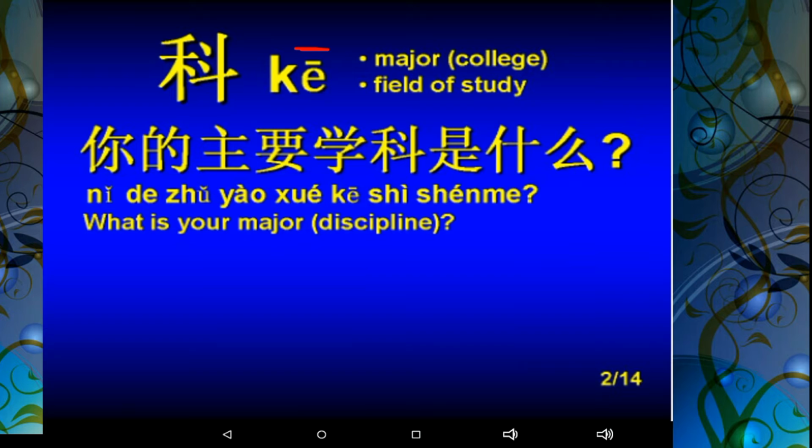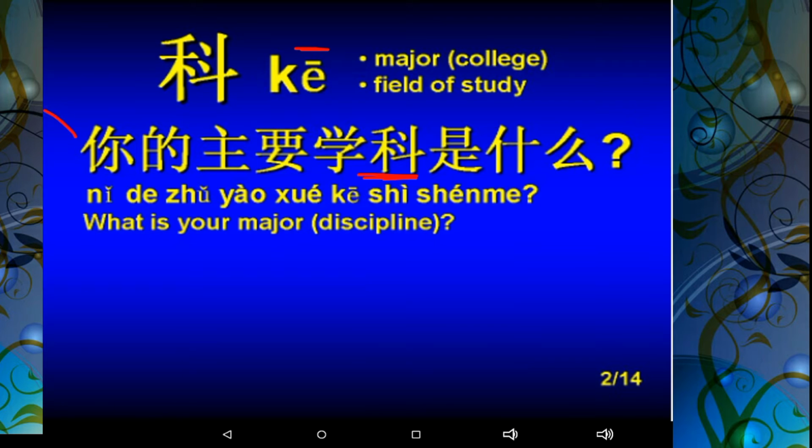Now, where is our character within this sentence? Our character is right here. The little character lives right there, almost in the middle of the sentence. So our sentence is, what is your major discipline, or your major in college? What is your major? So now let's get ready to say it.